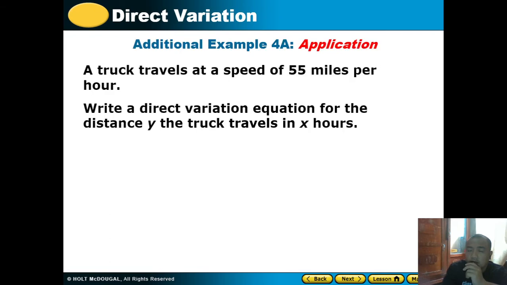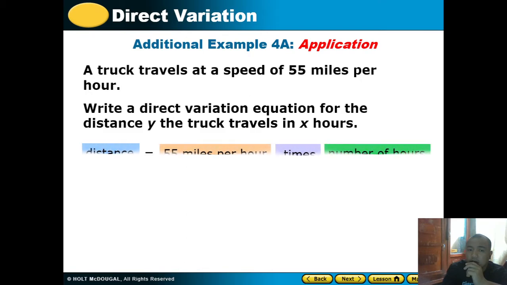A truck travels at a speed of 55 miles per hour. Write a direct variation equation for the distance y the truck travels in x hours. So the distance is equal to rate times time, diba? So distance equals 55 miles per hour times the number of hours.